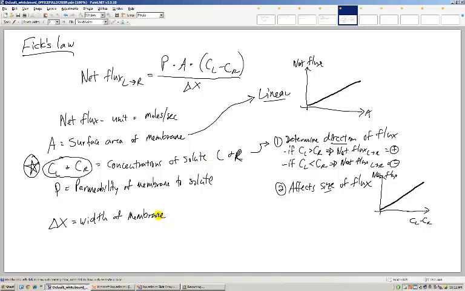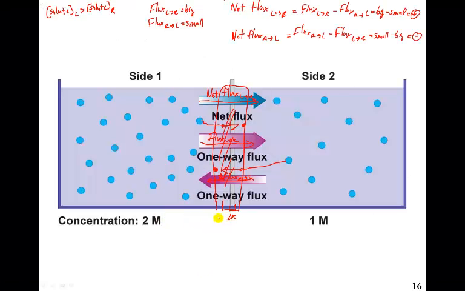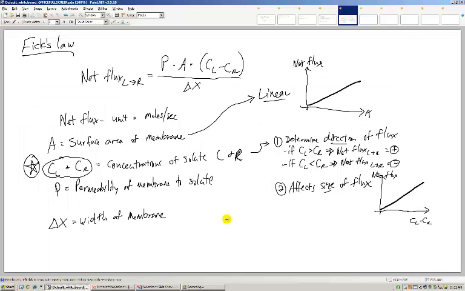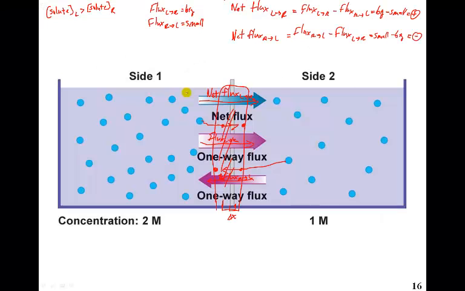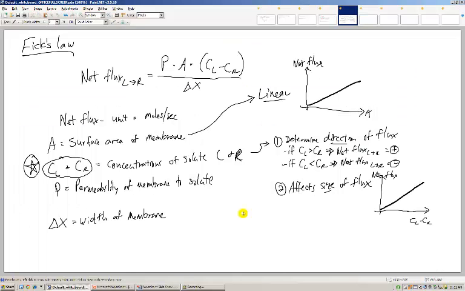Delta X, the width of the membrane. This is the only factor that's in the denominator, meaning that bigger delta X, a wider membrane, gives a smaller flux. If we were to graph that, what you'd see is an inverse relationship. It would look something like this.